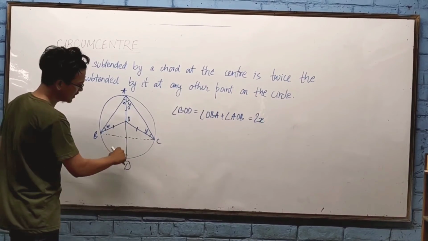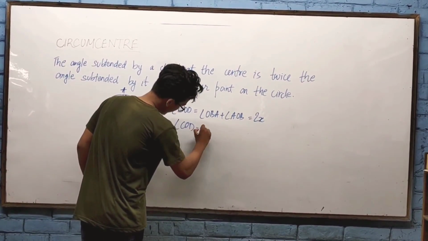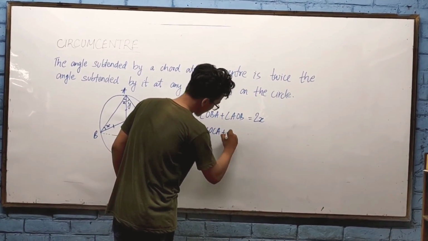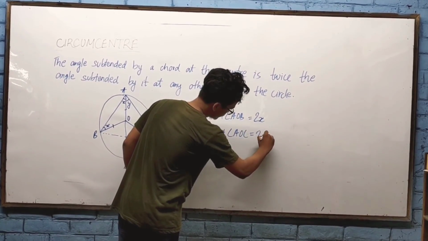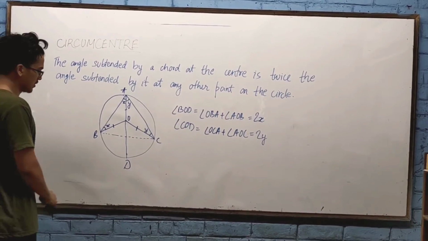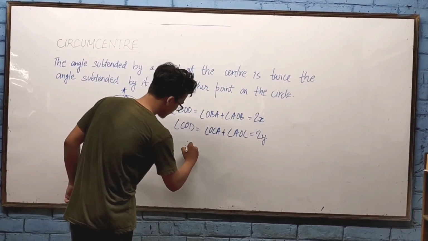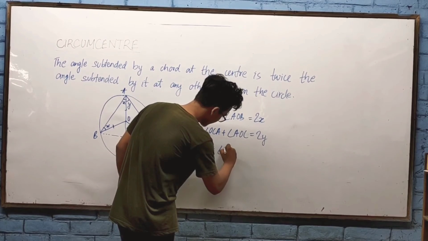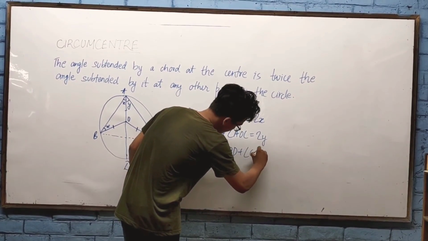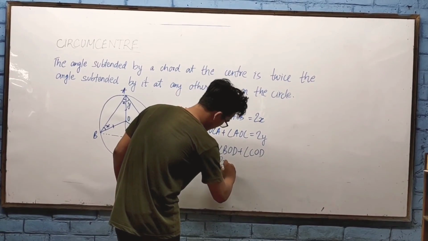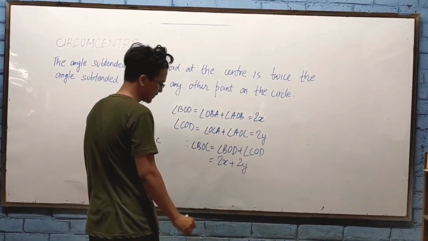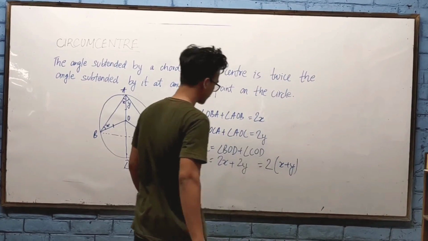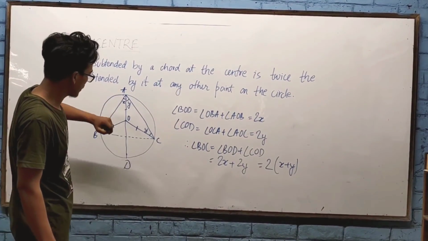Similarly, angle COD will be equal to angle OCA plus angle AOC, which is equal to 2y. So angle BOC is actually the sum of these two angles. Now x is angle BAO and y is angle CAO.